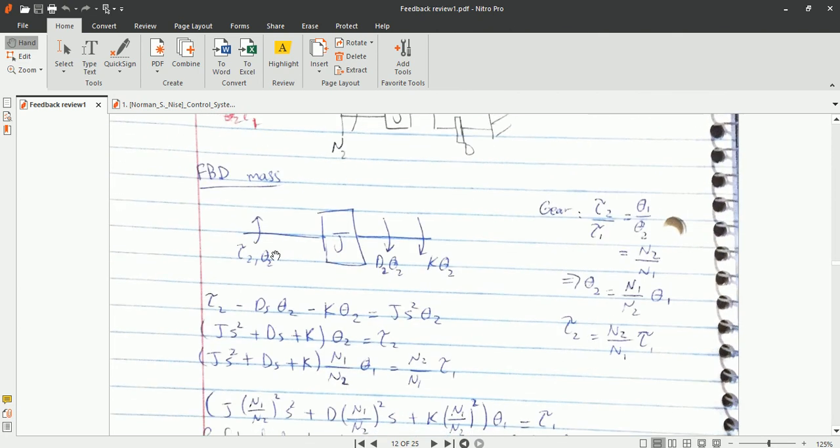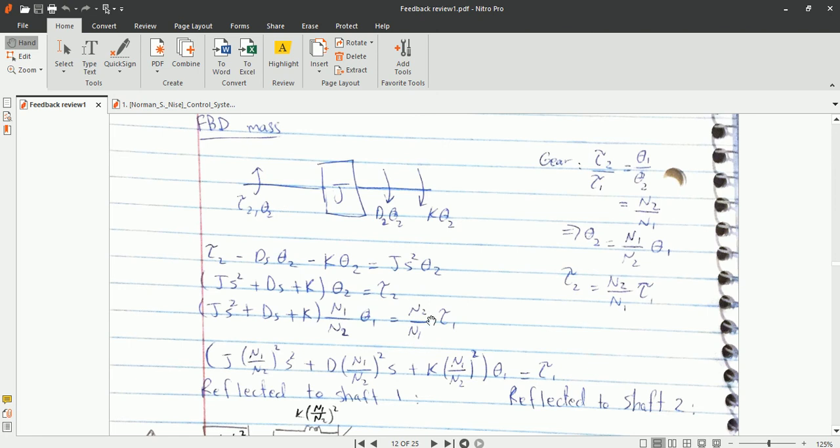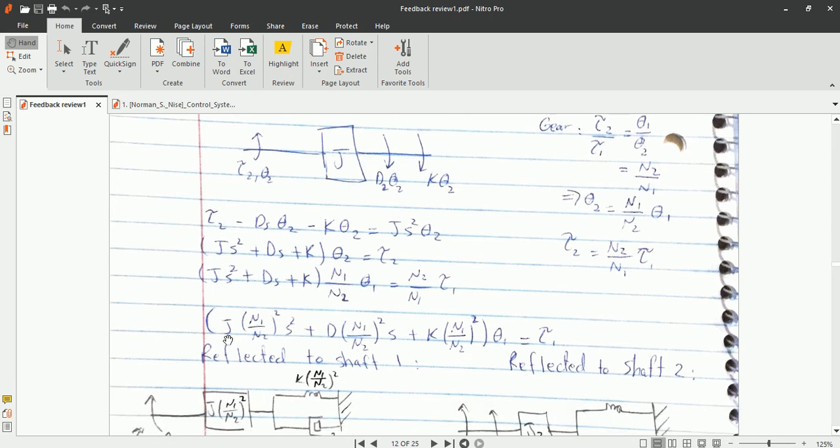Okay, that's your question. It will be very easy, and you can see that n1 will become square when you cross multiply. So it will become j into n1 over n2 whole square s square plus d into n1 over n2 whole square s plus k into n1 over n2 whole square into theta 1 is equal to tau 1.